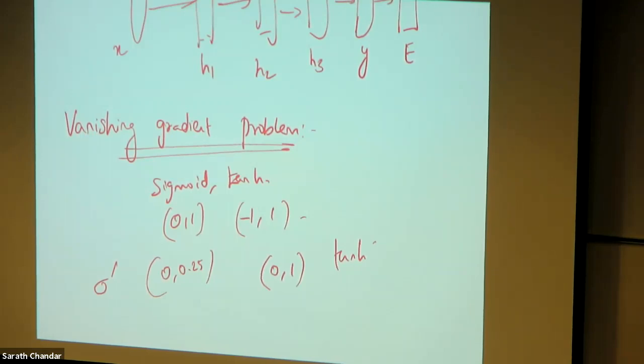Is it clear? Now, we know that when we do the backprop, in every unit, we are multiplying the incoming gradient with sigma dash or tanh dash. So essentially what happens is, as my chain gets longer, a lot more times I'm multiplying my incoming gradient with something which is less than 1.